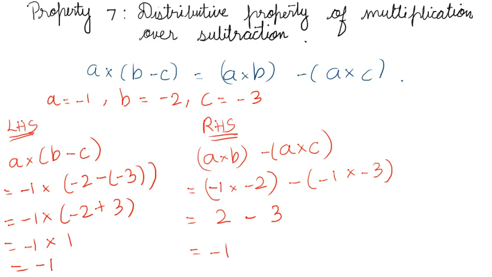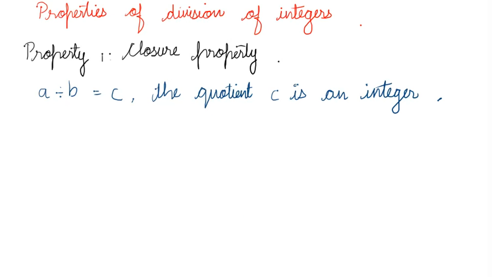So far we have seen the properties of multiplication over addition and subtraction, and now we will be moving on to the properties of division of integers. The first property of division of integers is the closure property. For any two integers a and b, if you divide a by b and get a quotient c, then the quotient c is also an integer always.